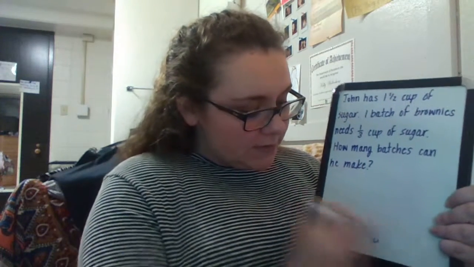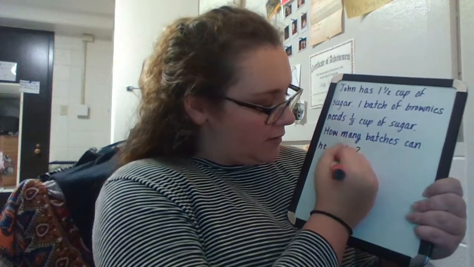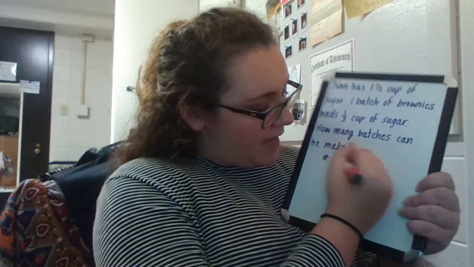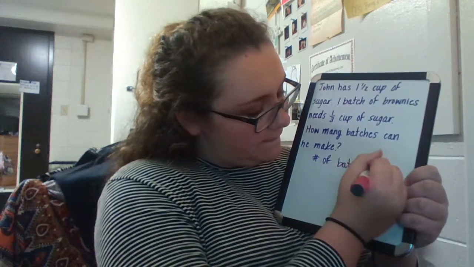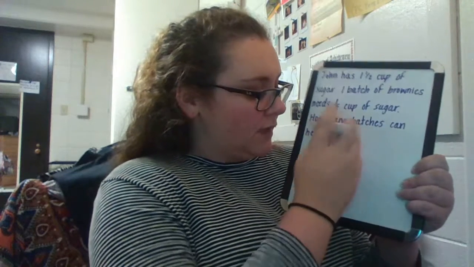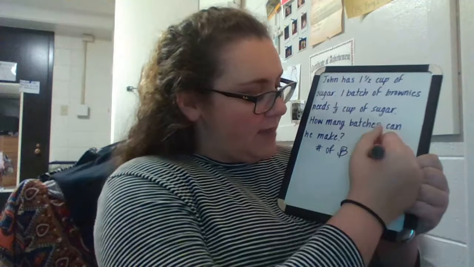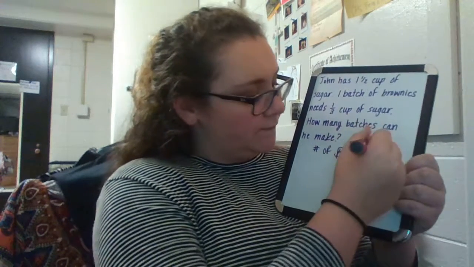So what we can do is we can draw a table, and we know that number of batches can go here. I'll just put number of B. And then this will be sugar.